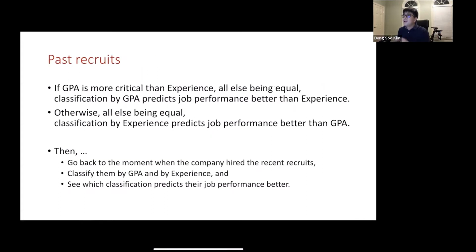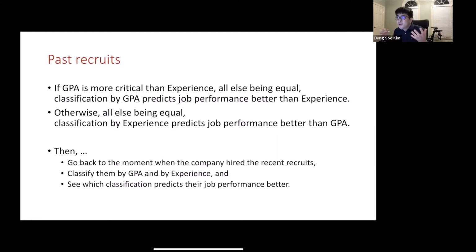Again, if GPA is more critical, classification by GPA predicts job performance better than experience, all else being equal. Otherwise, experience works better than GPA. And for each of the past recruits, both of the factor scores and actual job performance are available.